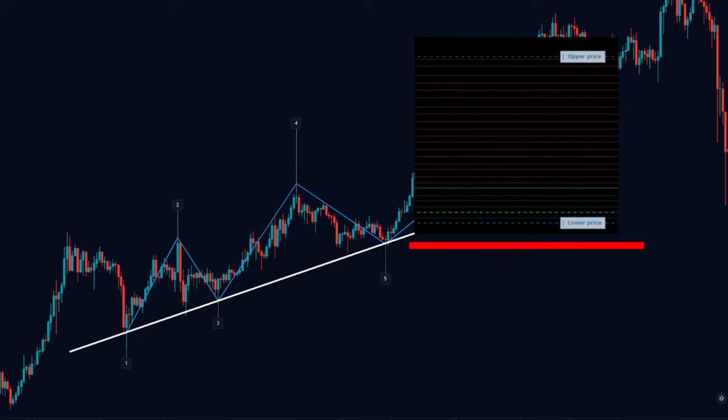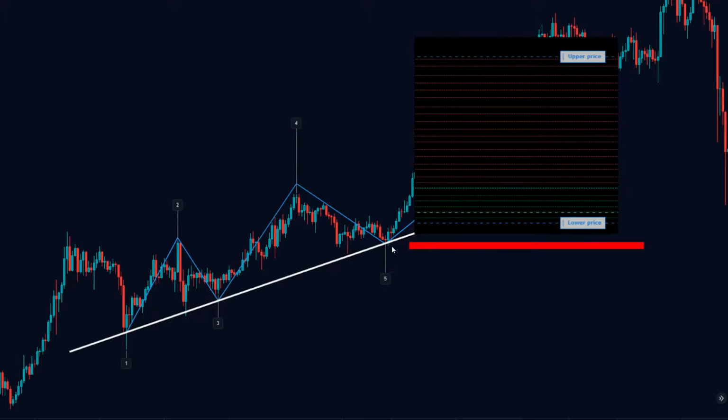Just make sure that your risk is justified. So it makes no sense to enter the market where your risk is too high. So for example, here you see in this configuration, my stop loss is quite close to my entry point. So this is a pretty justifiable risk to enter the market.